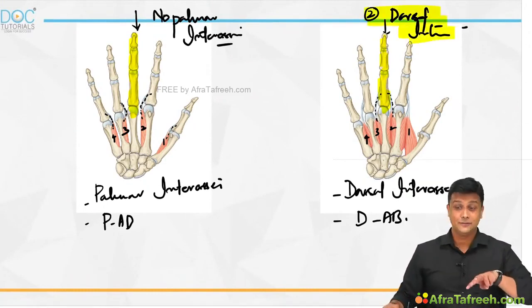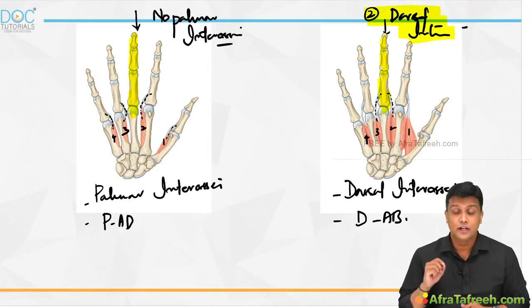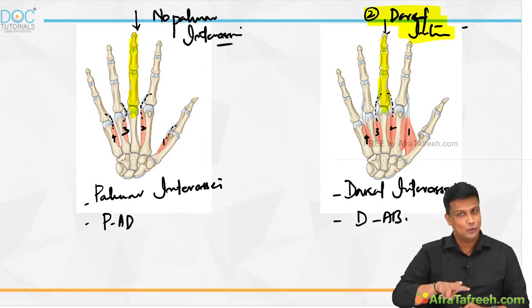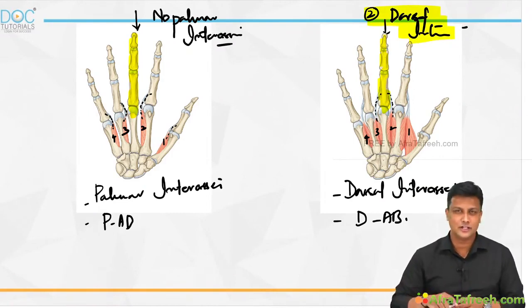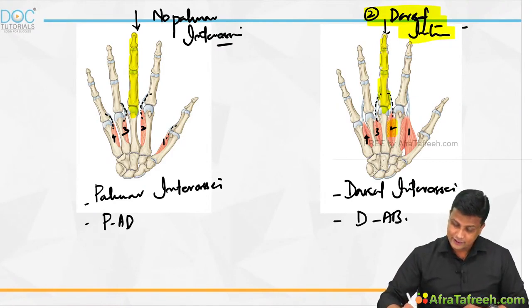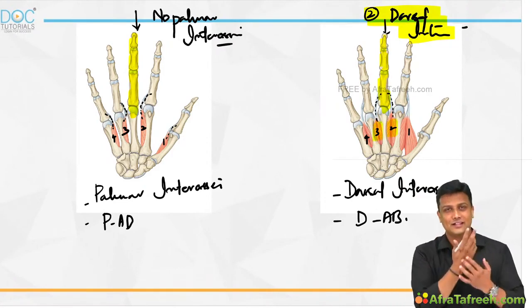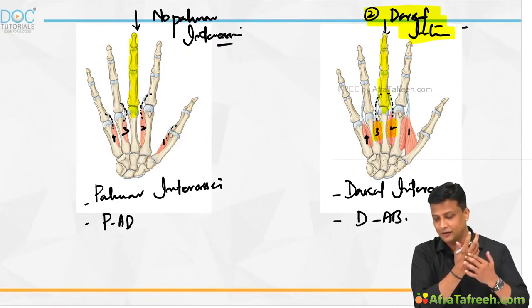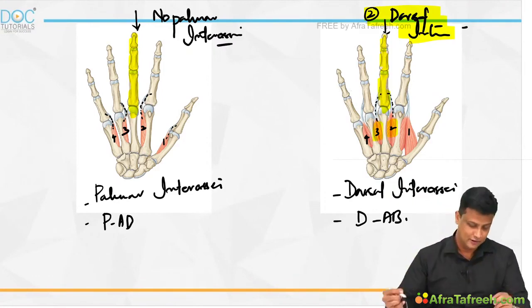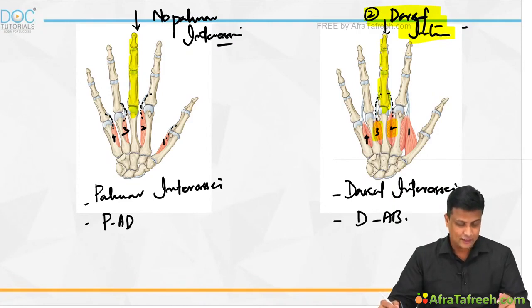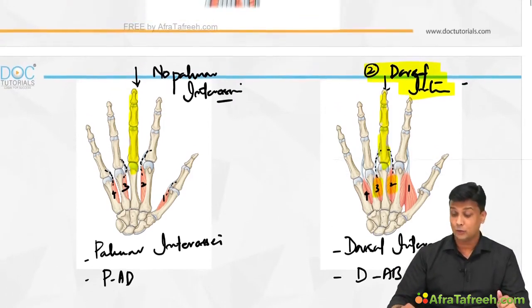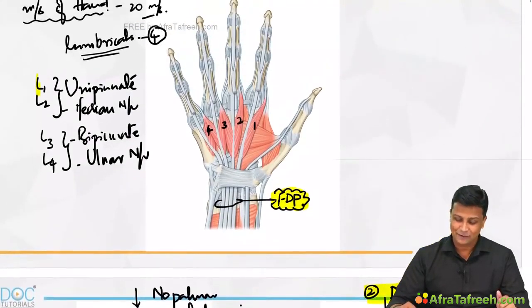Which 2 interossei? The 2 dorsal interossei, the second one and the third one. You can clearly appreciate in my diagram over here that these 2 dorsal interossei are getting inserted onto the dorsal extensor hood, the dorsal digital expansion. That is one thing. And the most important thing, appreciate one more thing, the lumbrical here.